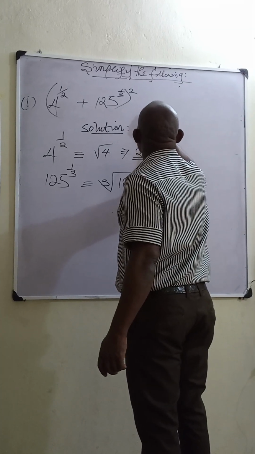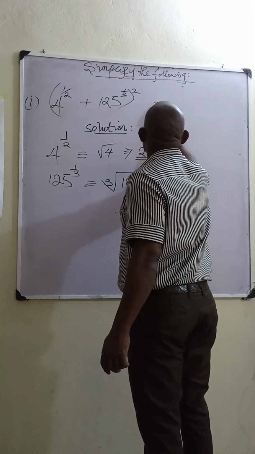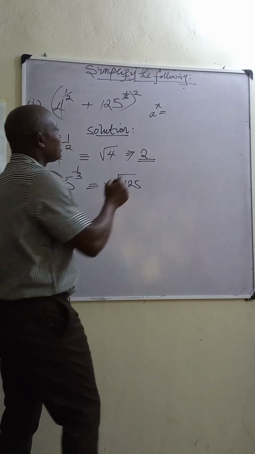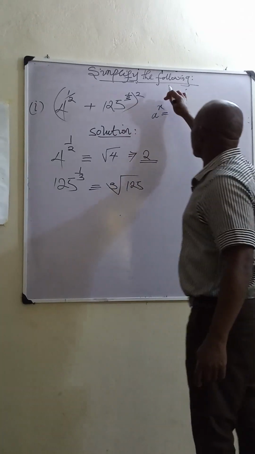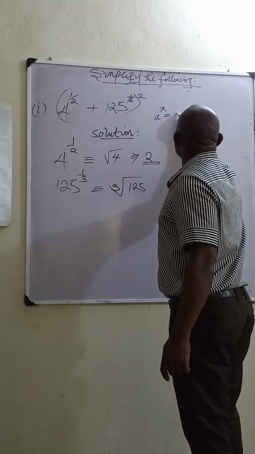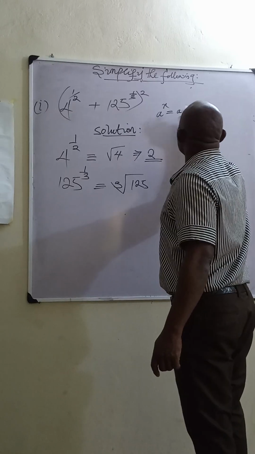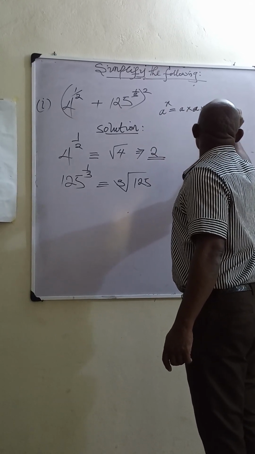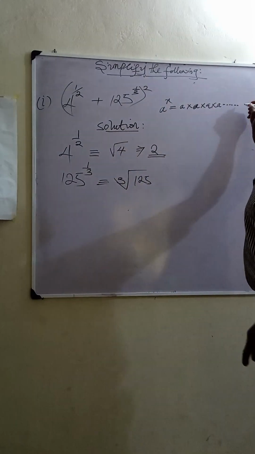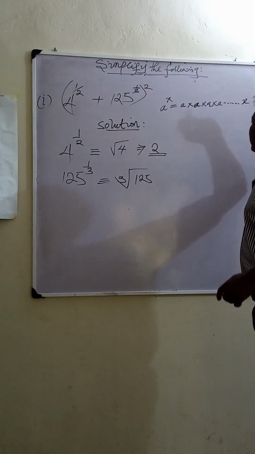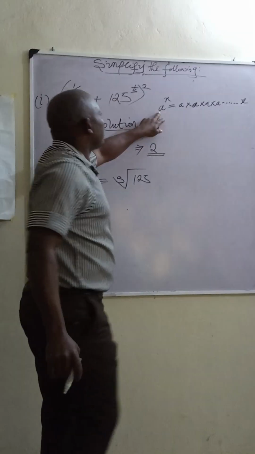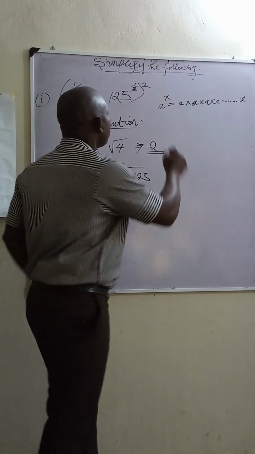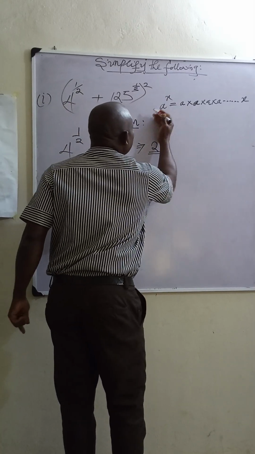In the law of indices, if you have a number a raised to the power x, it means a base raised to the power x, that is, what number can multiply itself x number of times. Let's use a lower number.